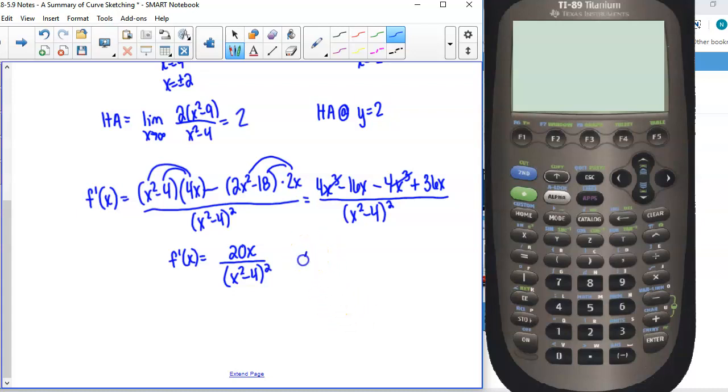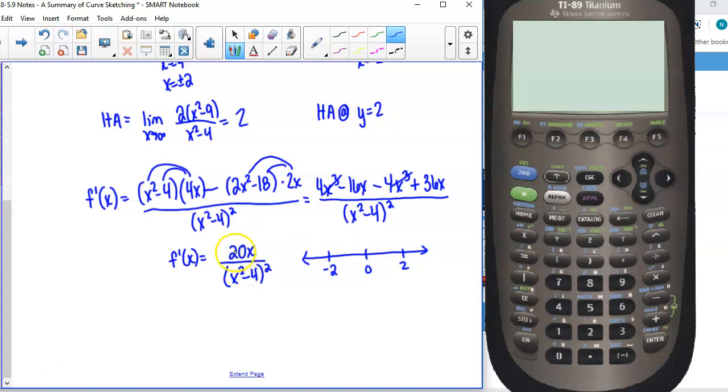And so if we think of this, we're going to have critical points at -2 and +2. Those come from here. And also at 0. But the denominator is always positive, right? Because you've got something that's squared. It equals 0 at -2 and +2, but it's always positive, so it doesn't change anything.